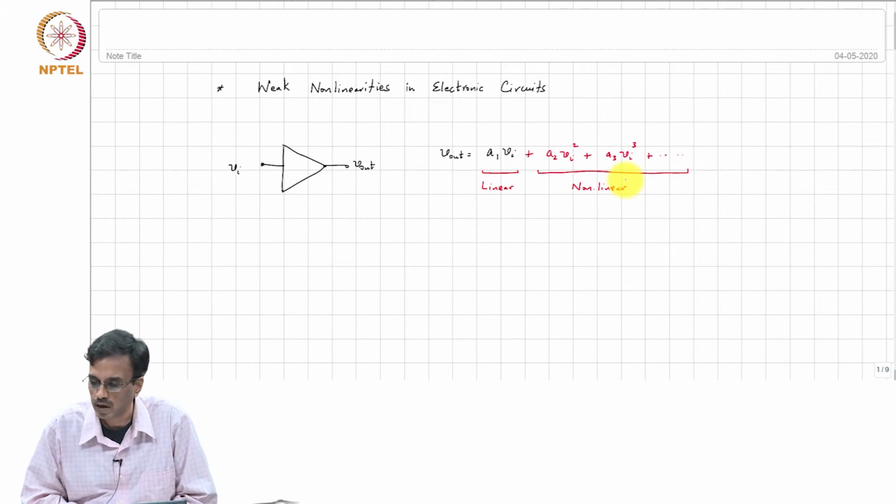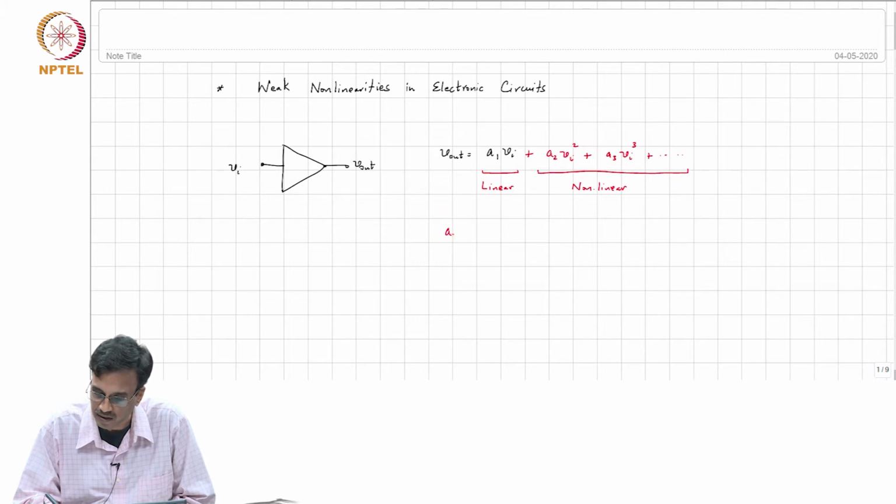Now, let us see what it means to say weakly nonlinear. When you say weakly nonlinear terms, it basically means that this A2 Vi square plus A3 Vi cube, etcetera, the sum of all these is much smaller than the linear term, which is A1 Vi.